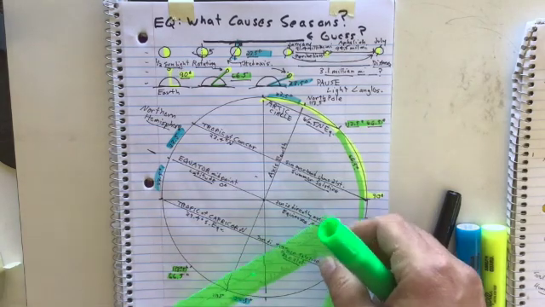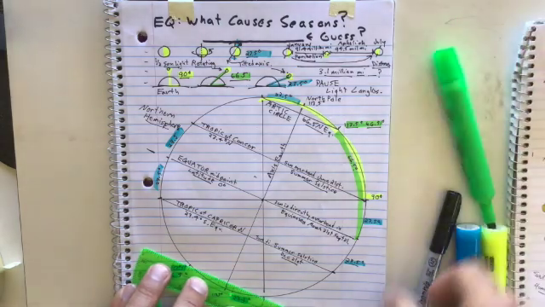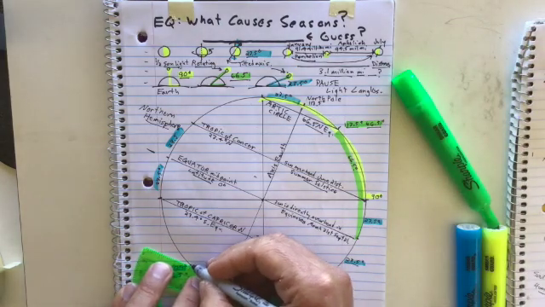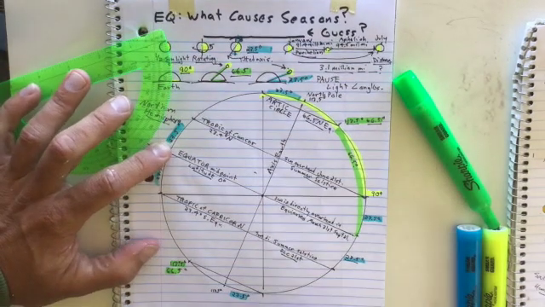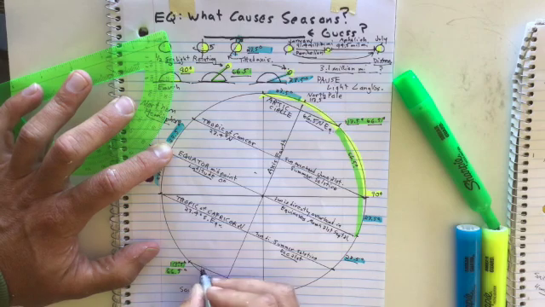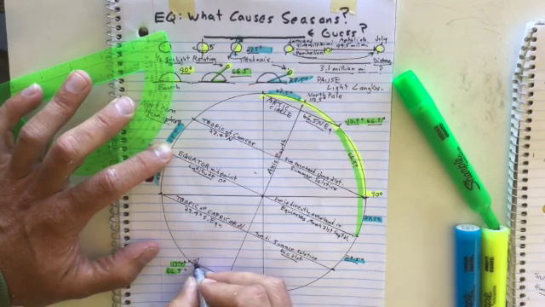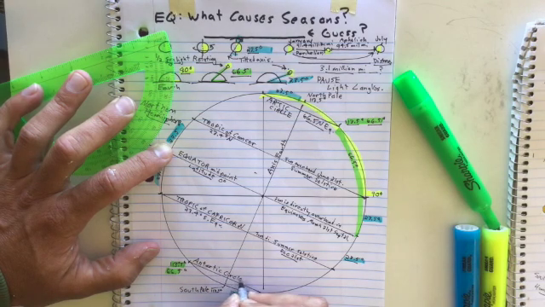And then if we use our protractor again like a ruler, now we have the South Pole. Let's label this South Pole. And this would be the Antarctic Circle. And this is 66.5 degrees south of the equator.